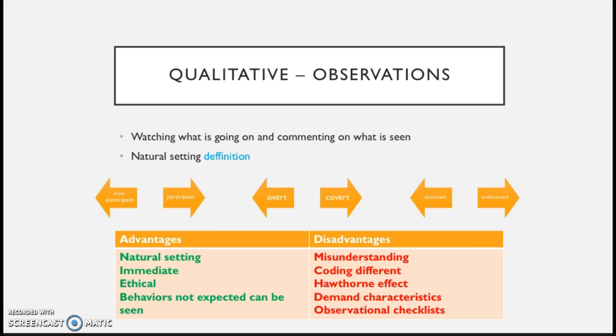As well as this, the participants may not then know that they're being watched, which means that the observations can be more accurate. There's also disclosed and undisclosed observations. So when a researcher is saying that they are doing their observations, this again can lead to the demand characteristics if they know or don't know they're going to be watched.